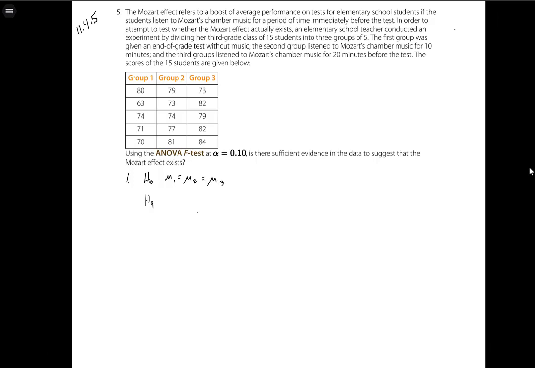And then the alternative is that not all 3 sample means are the same. So there we got it. Our step 1: means are the same, or as an alternative they're not, and we're testing that at the 0.1 level of significance. So 2, identify our test statistic.